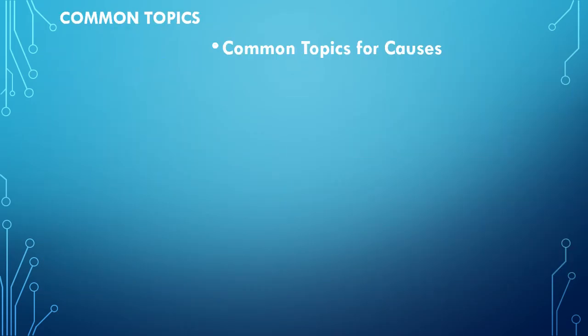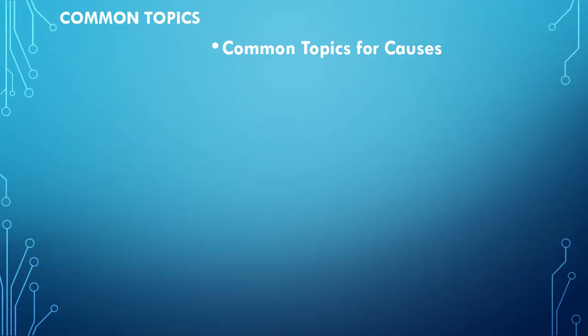So I hope that you have gotten an understanding of what a cause and effect essay is, or at least can distinguish between the word cause and the word effect. Now we are going to look at some common topics for cause and effect essay.